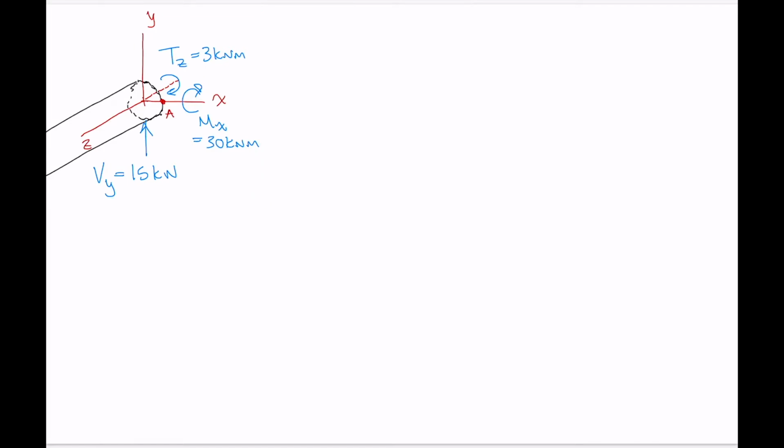Okay, step 2. After you've done the internal forces, step 2 is to draw the volumetric element at your location of interest and indicate the face that's in the section plane.